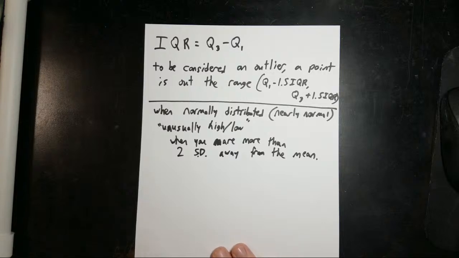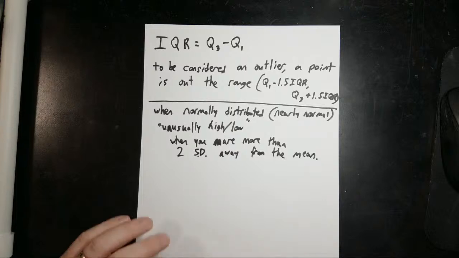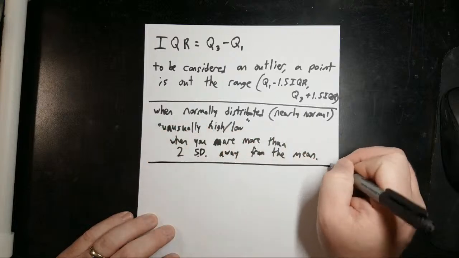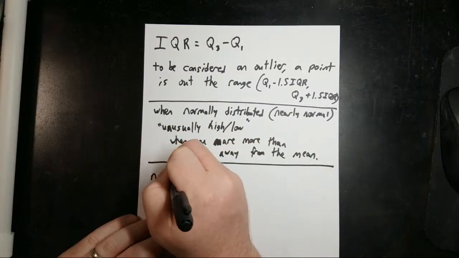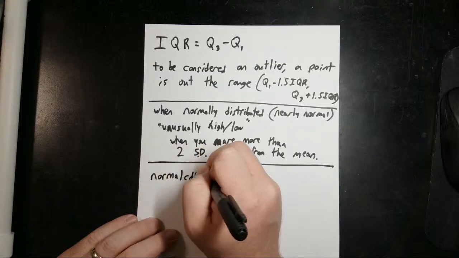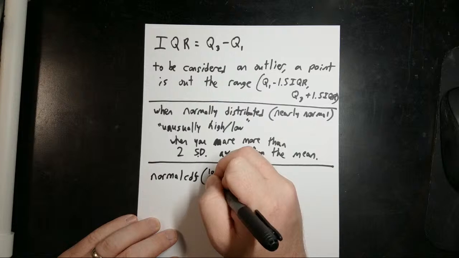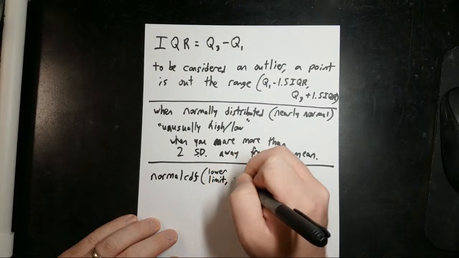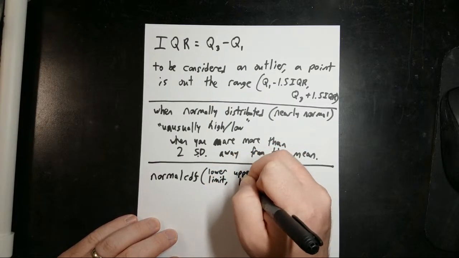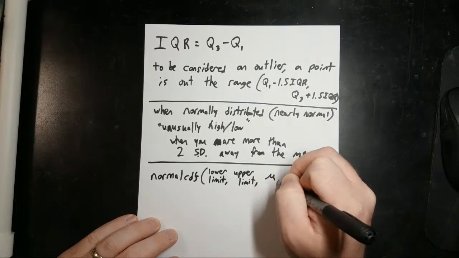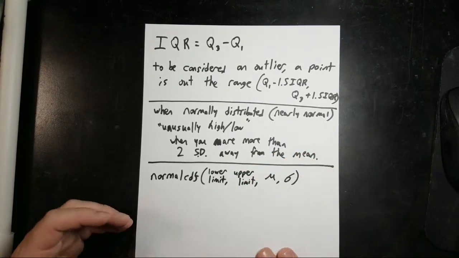You could also potentially find probability using the normal distribution. The general concept for the normalcdf function in your calculator: I'll put lower limit, upper limit, mu and sigma.